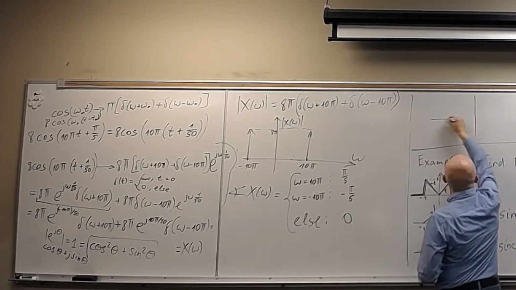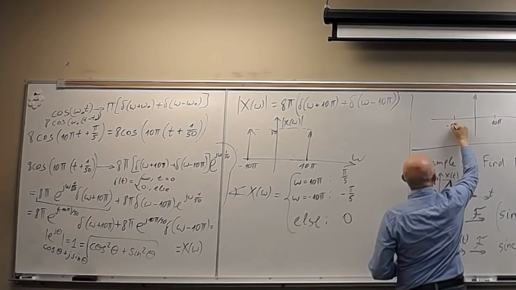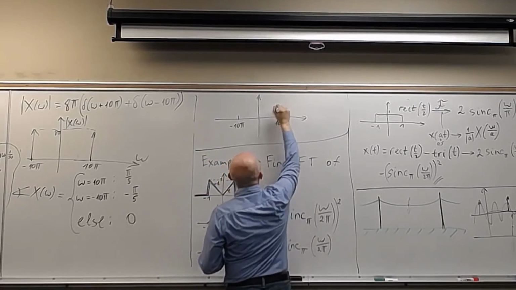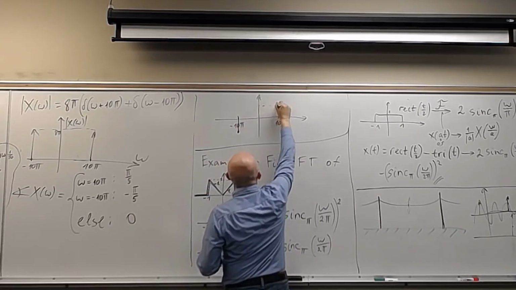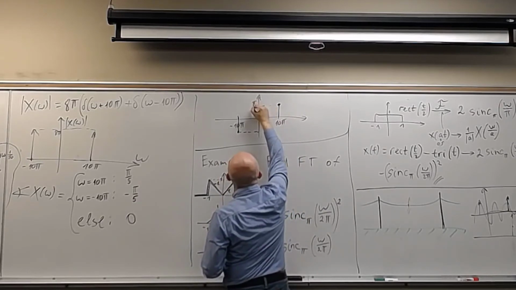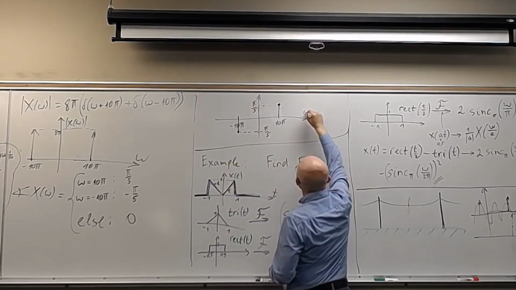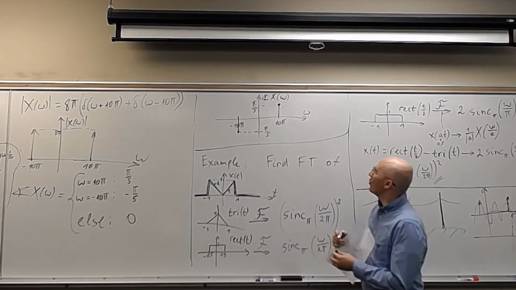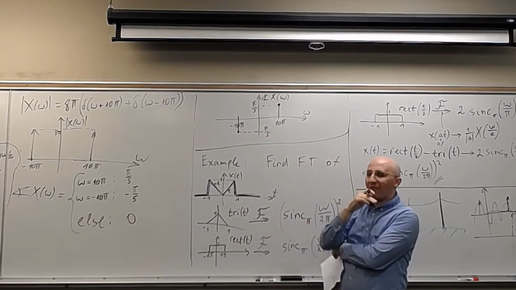It will look like that. You have 10 pi and minus 10 pi. At 10 pi it will go up, at minus 10 pi it will go down. Pay attention, it's not delta anymore. So it will be pi over 5, minus pi over 5, and 0 otherwise. And this is the angle of x of omega. Pay attention that this is not delta, this is a number, plus or minus pi over 5.